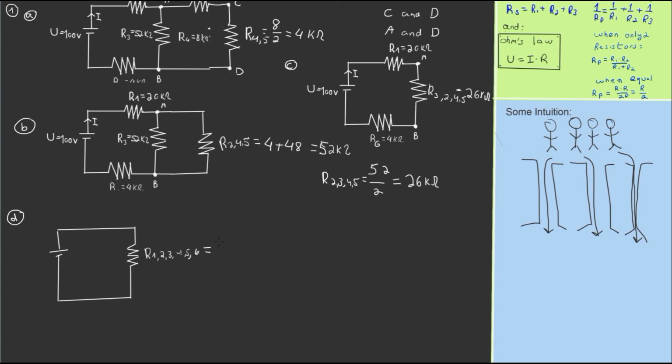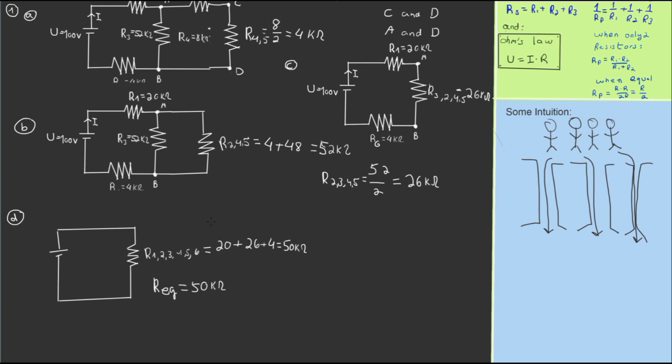And that would be 20 plus 26 plus 4 kilo ohm. That would give us 50 kilo ohm total. So the equivalent of all of this circuit would be 50 kilo ohm.